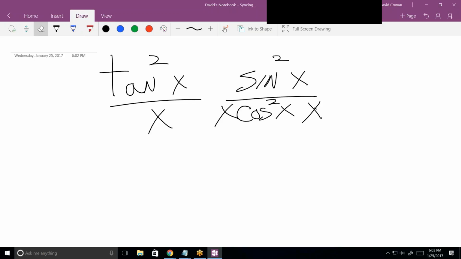So that's the first step. In other words, with all these trig functions, since the only two they've told you are the sine and the cosine one, then anything that's not sine or cosine, we got to make into sine or cosine. In other words, I don't know what the tangent of x over x is as x goes to 0. But I can always work with this.